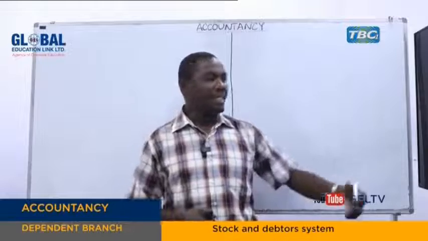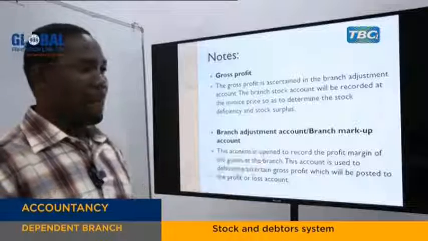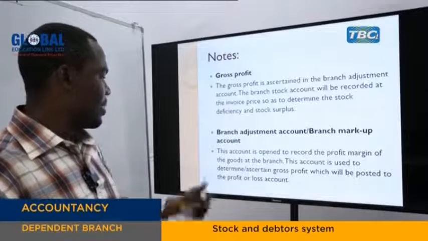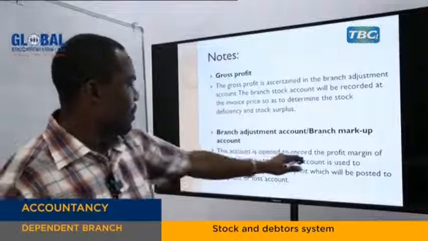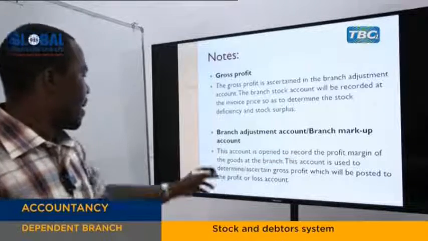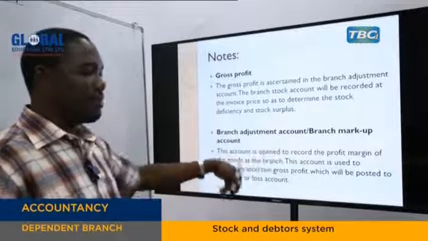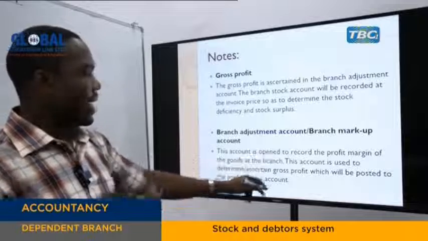And basically this is an unrealized profit. Whenever the head office sends goods to the branch, if these goods remain unsold, they will constitute an unrealized profit. And of course, there will be an opening entry in the branch adjustment account for the previous unsold stock, of which now there will be a profit not realized.